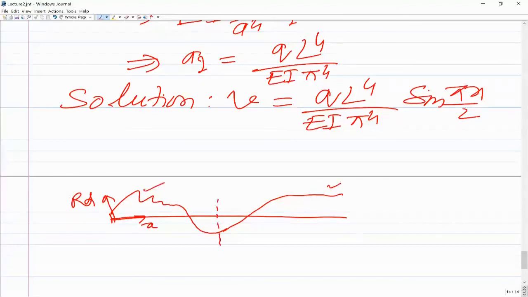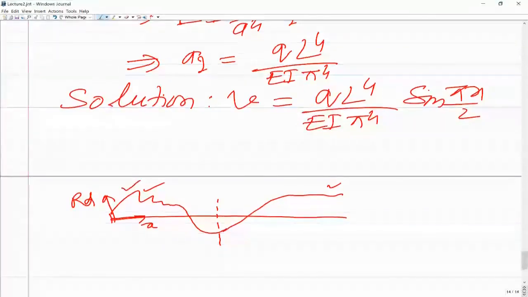In the case of the Galerkin or Petrov-Galerkin method, you are choosing the weight function and multiplying the residual by the weight function. If the weight function has more value closer to x equal to 0, then you are making the residual closer to 0 near x equal to 0. If the weight function is more towards the center, then you are making the residual closer to 0 at the center.